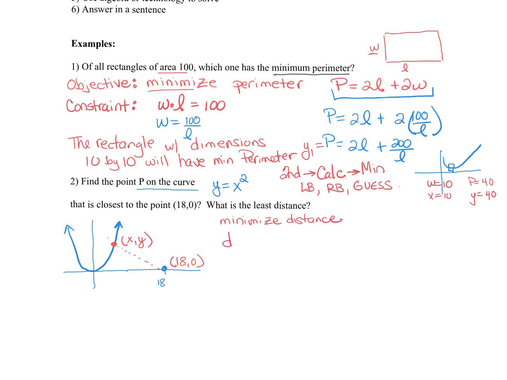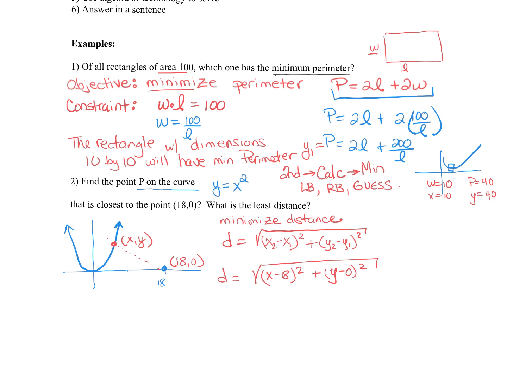and the distance formula is the square root of x2 minus x1 squared plus y2 minus y1 squared. And so for us, that's going to be x minus 18 squared plus y minus 0 squared.